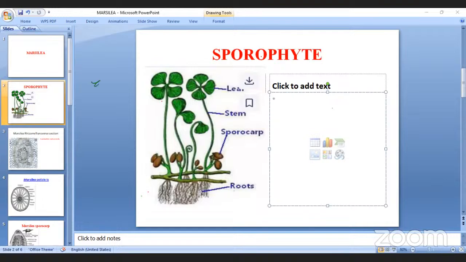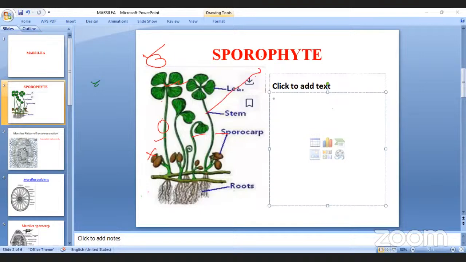This is the sporophyte. Already clearly explained, the sporophyte structure is diploid 2n. We discussed the root system, rhizome system, sporocarp and leaf, and internal parts also clearly mentioned. I've just focused on the sporocarp.